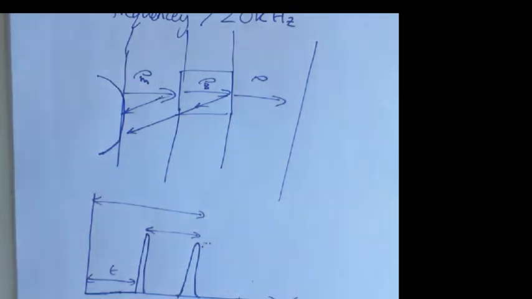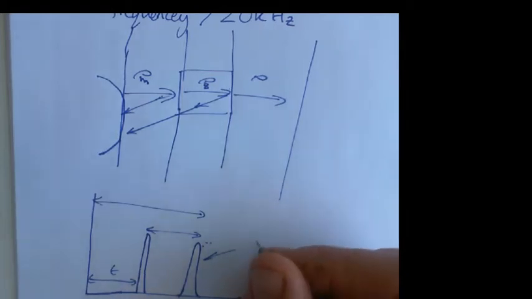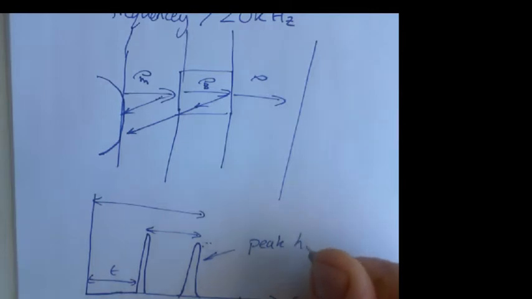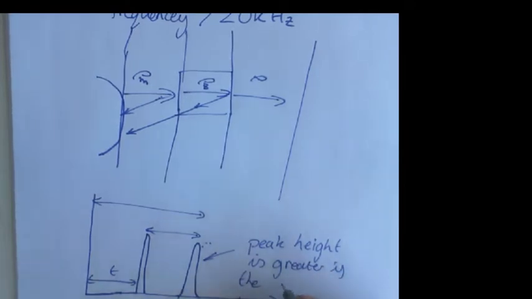Now the other thing that you need to know is that the size of the peak, the height of the peak, is greater if the difference in densities is greater.